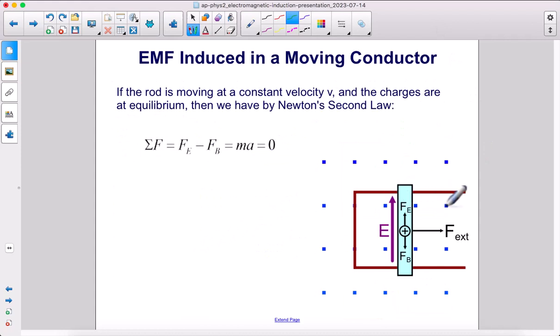If the rod is moving at a constant velocity v and the charges are at equilibrium, so let's say we have a positive charge here and the force due to the electric field on that charge is equal to the force down due to the magnetic field, we have Newton's second law. So we have no acceleration. We're assuming these charges are at equilibrium, not accelerating. So we have that the net force must be equal to 0.